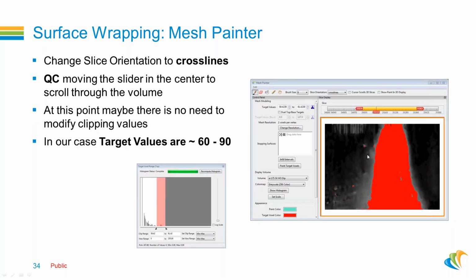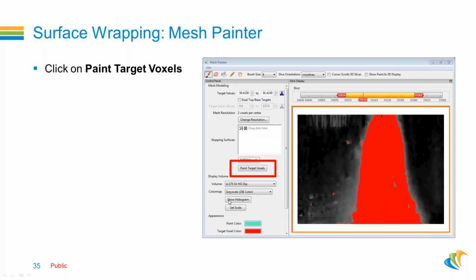And finally, we have the view for the cross line. In this example, we need just to set up the target more or less between 60 and 90 in here. And this is the result of looking at this mesh painter and looking at the adjustment with the slide bars in the histogram.